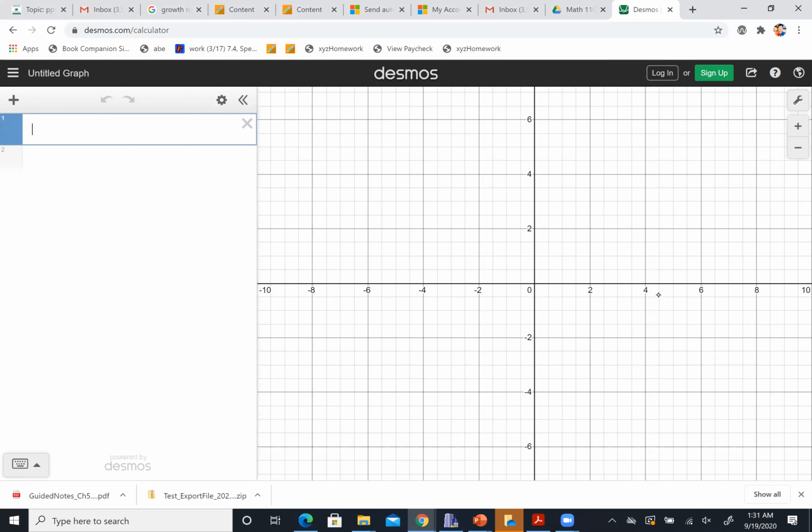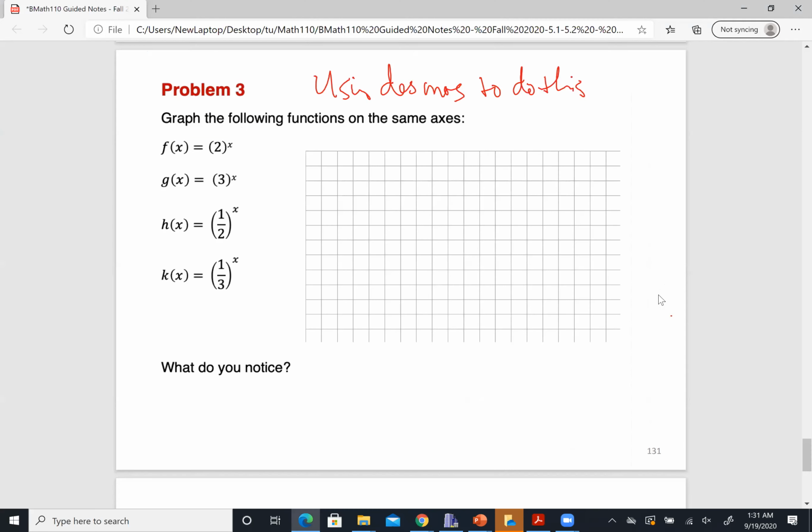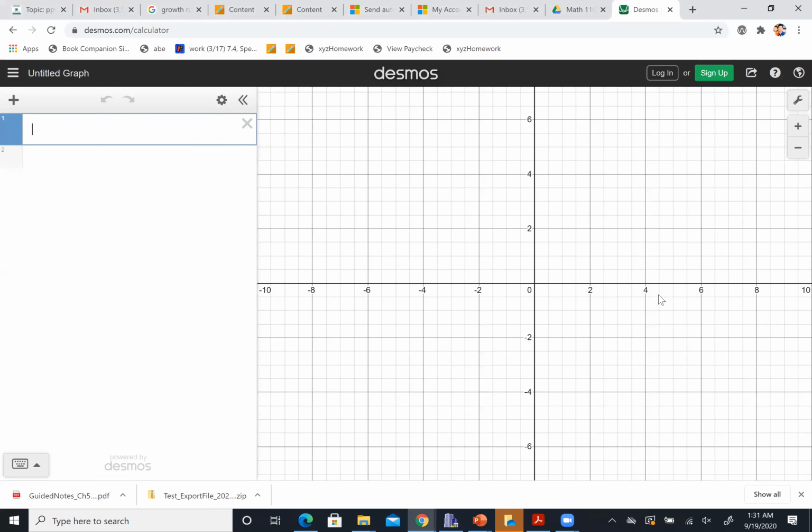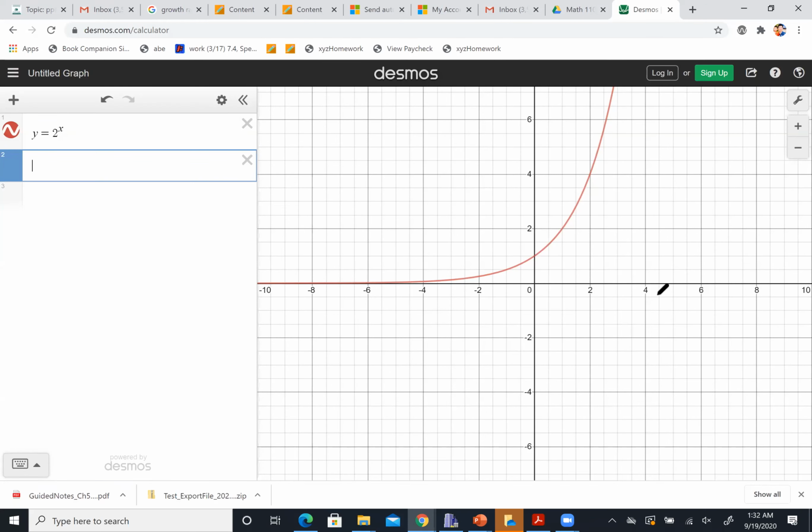Okay, so I will have f(x) equal to 2 to the power x, so I have y equal to 2^x. That is one of them. Next one is y equal to 3^x.